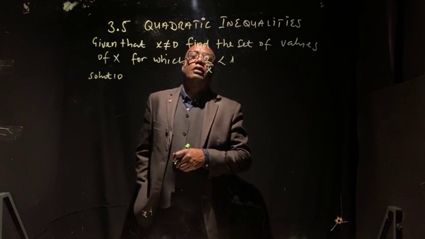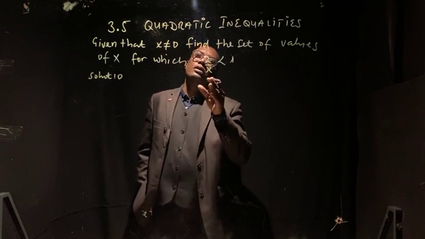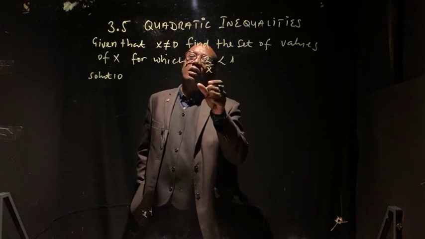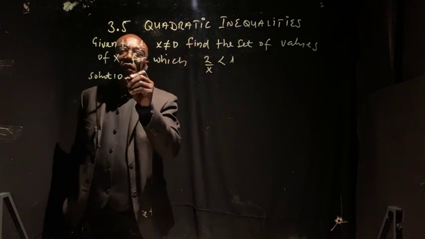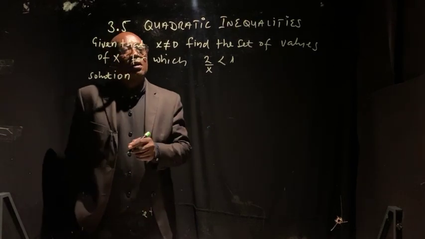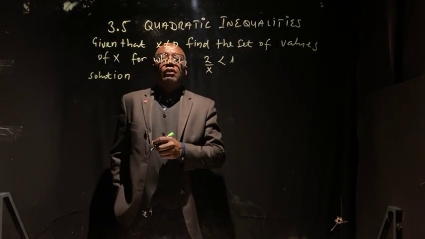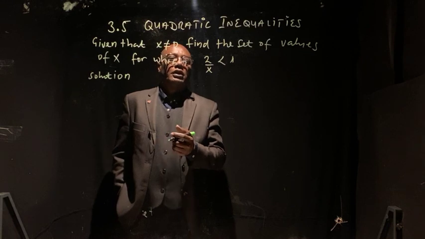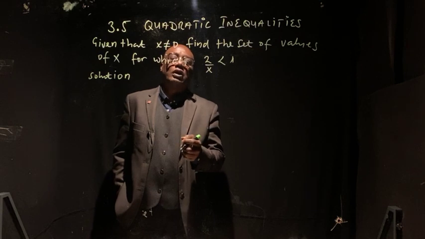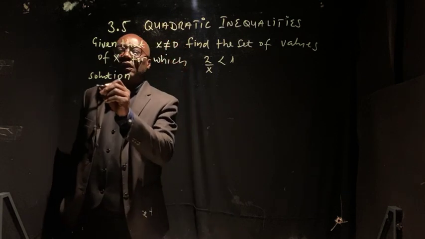If you have an inequality like this, this is how you do it. In fact, we will solve many examples of these so that you become familiar with such questions and do not struggle whatsoever.